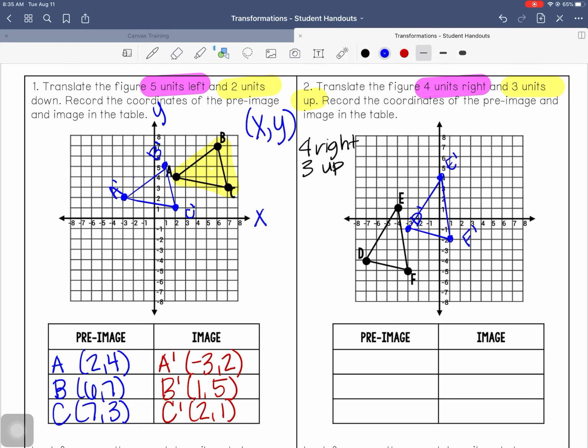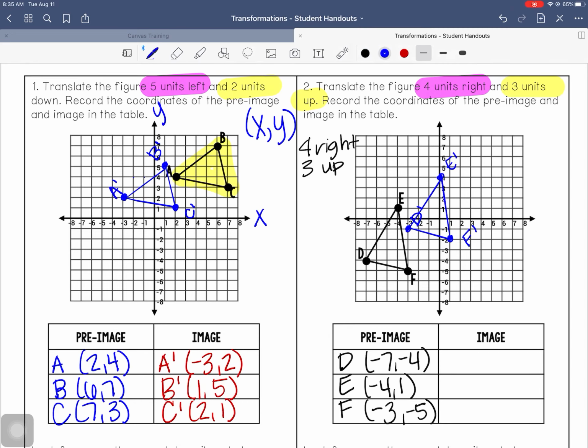You should end up with the same image, same size, same orientation. I'm going to do these in matching colors. D, E, F. D is at -7, -4. E is at -4, 1. And F is at -3, -5.